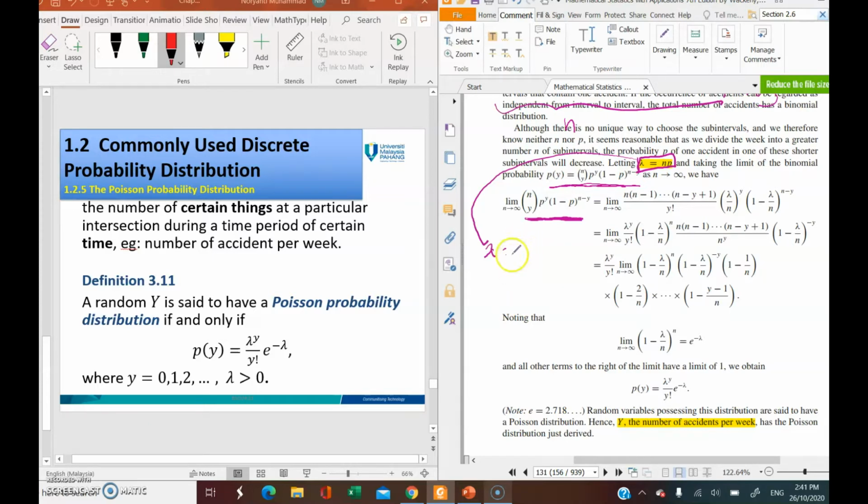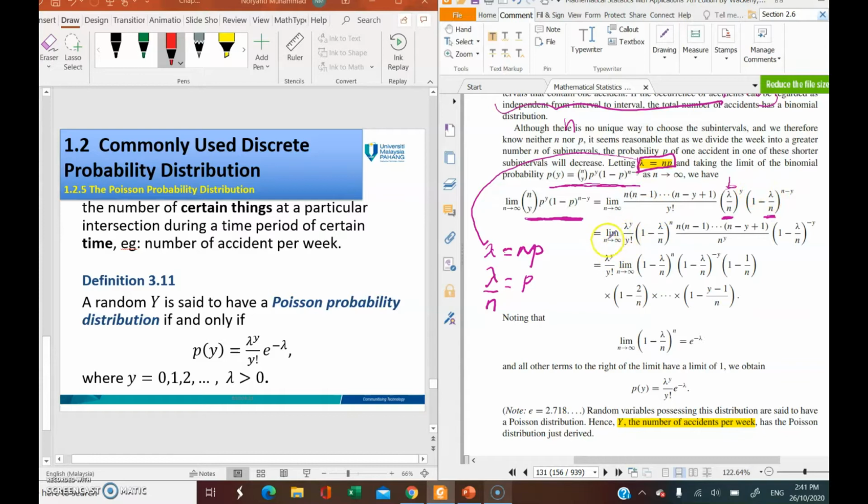Lambda equals np, so we want p, isn't it? p equals lambda over n. So when you substitute here, the p, you get lambda over n, and here is 1 minus lambda over n to the power n minus y.